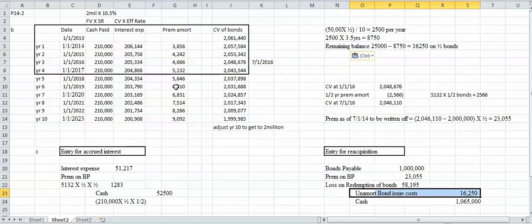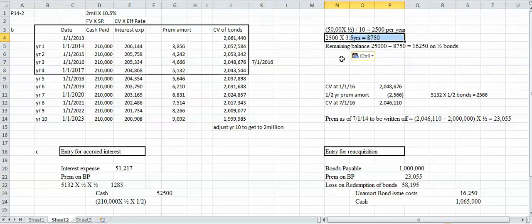Okay, our second to last number we need is the unamortized cost, right? We spent $50,000 in cost to get the bonds. We need to amortize half of the year, half of the bonds. So 50,000 is the cost times half of that, divided by 10 years. That's how many years we're going to amortize it. That gives us $2,500 per year for half the bonds. We need 3.5 years, right? Year 1, year 2, year 3, and then halfway between 3 and 4 is July 1st.